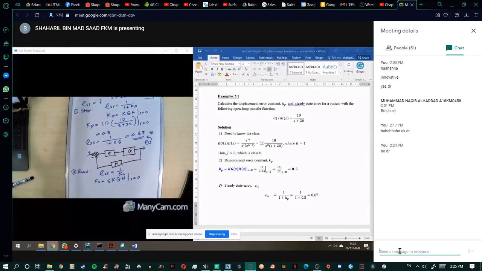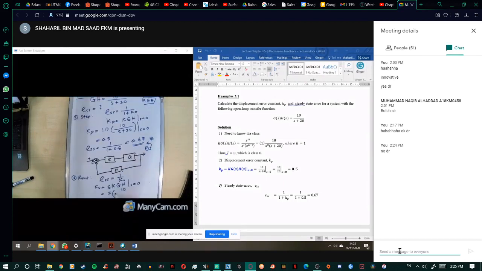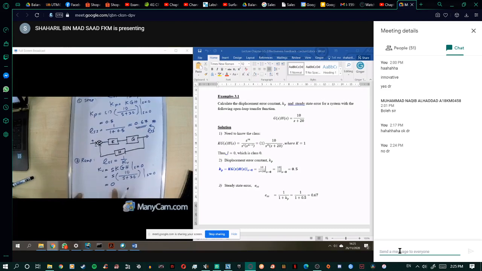So now S times KGH, which is 10 over S plus 20, then you apply S equal to 0. Of course you will get 0 here.